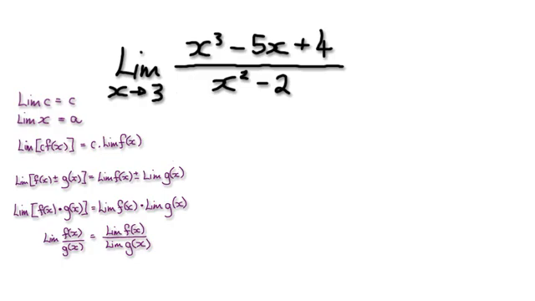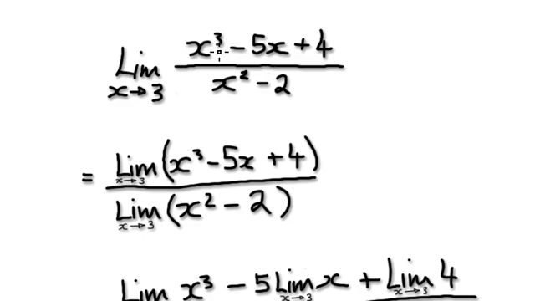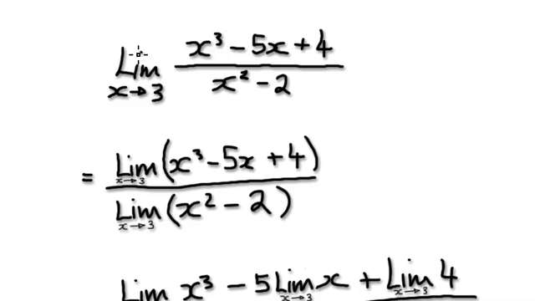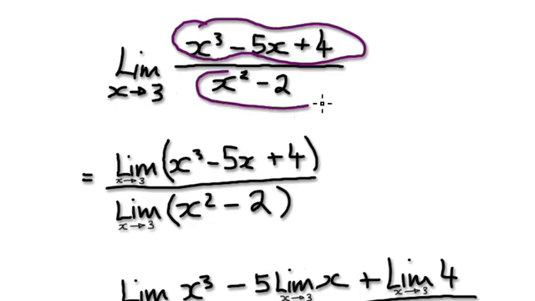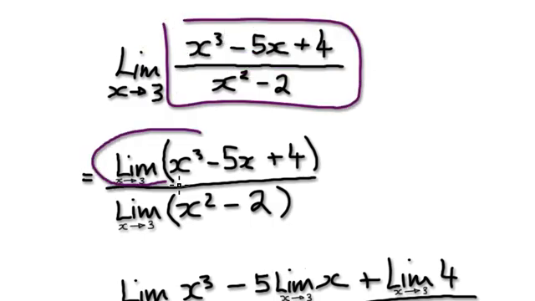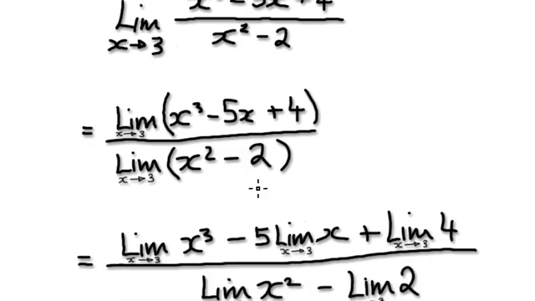Okay, so to do this, first, rather than trying to find the limit of this whole thing, use one of the laws where whenever you have a fraction, find the limit of the top, and then divide it by the limit of the bottom. So when you're given this whole thing, just concentrate on finding the limit of the top, and whatever the answer is, divide it by the limit of the bottom.